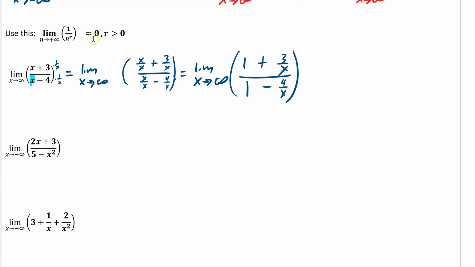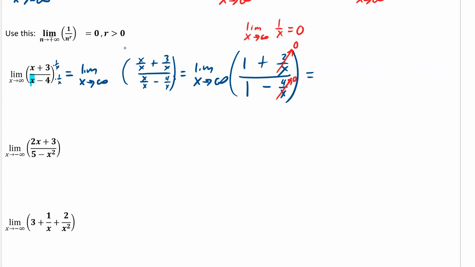And then we know now that the limit as n approaches infinity of 1 over n, in this case it would be the limit as x approaches infinity of 1 over x, is going to equal 0. So we know this one goes to 0, and we know this one goes to 0, and it's okay to write that notation.